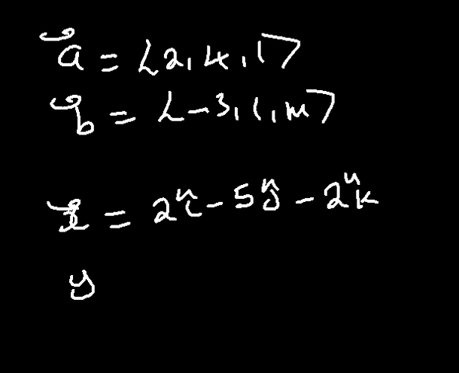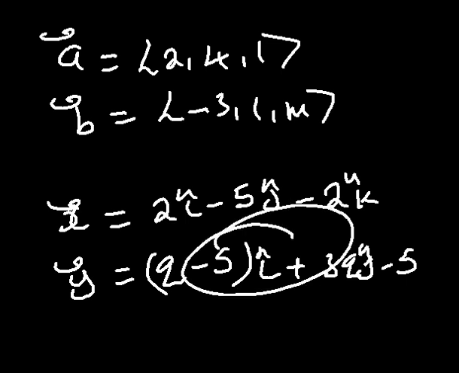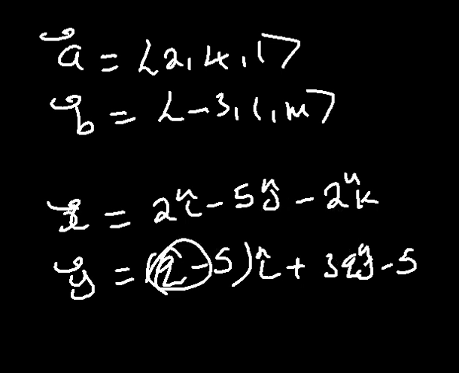And let's say we have vector y that is being given as (q minus 5)i plus 3q j minus 5k. Now given that these vectors are orthogonal, find the value of q.